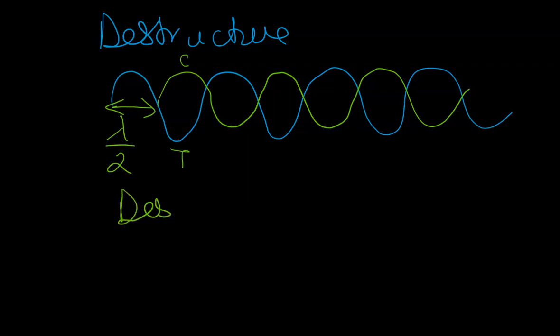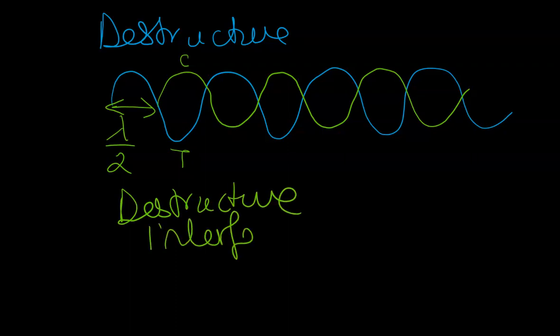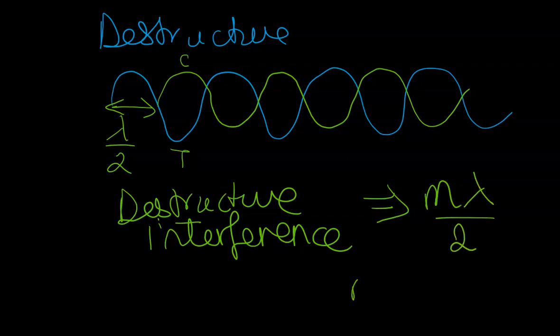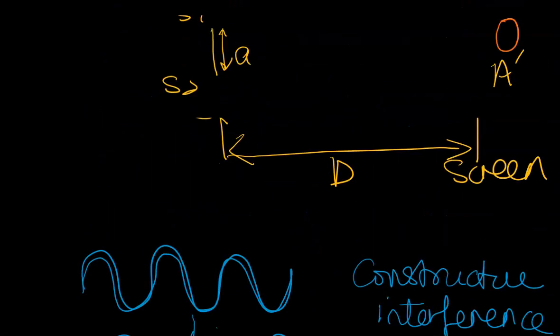So for destructive interference, I have a difference of m lambda on 2, where m is an odd number. m cannot be even, because then 4 on 2 gives a whole number of wavelengths, which is the condition for constructive interference. So let's know that now.